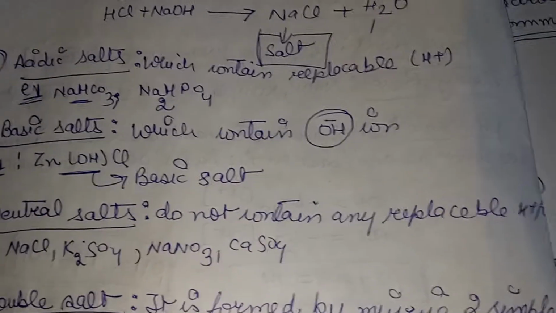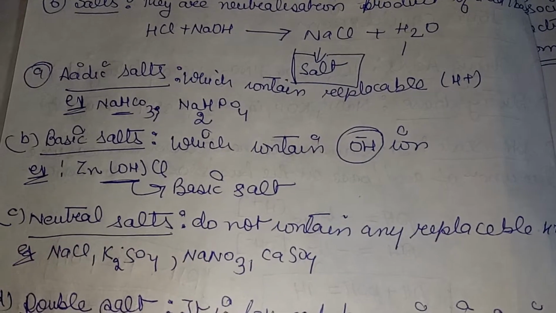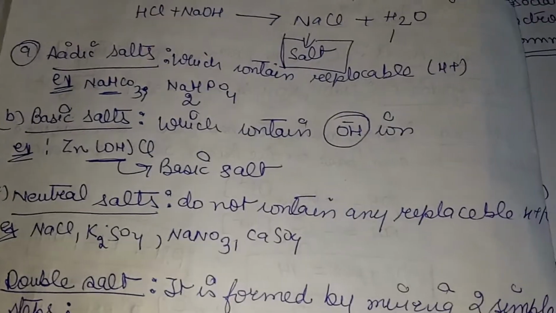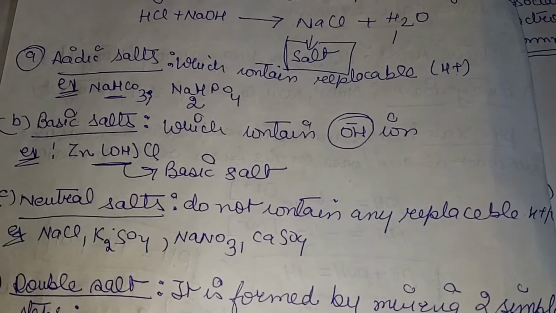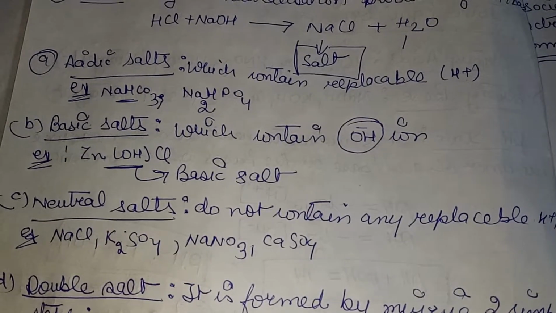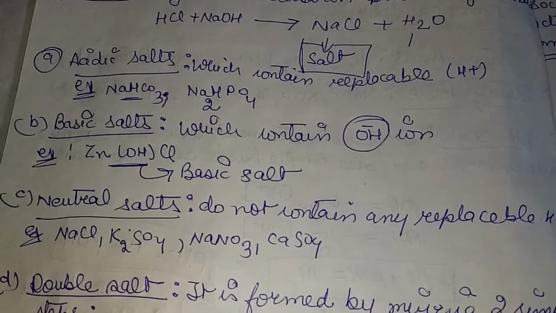Now the types of salt: acidic salt, basic salt, neutral salt, double salt, and mixed salt. What are acidic salts? Those salts which contain replaceable H ion. Sodium bicarbonate, Na2HPO4.